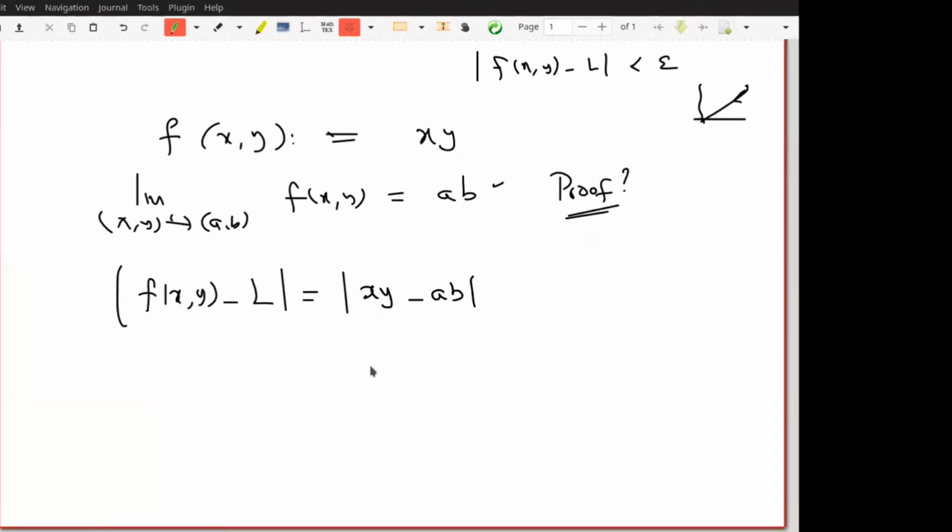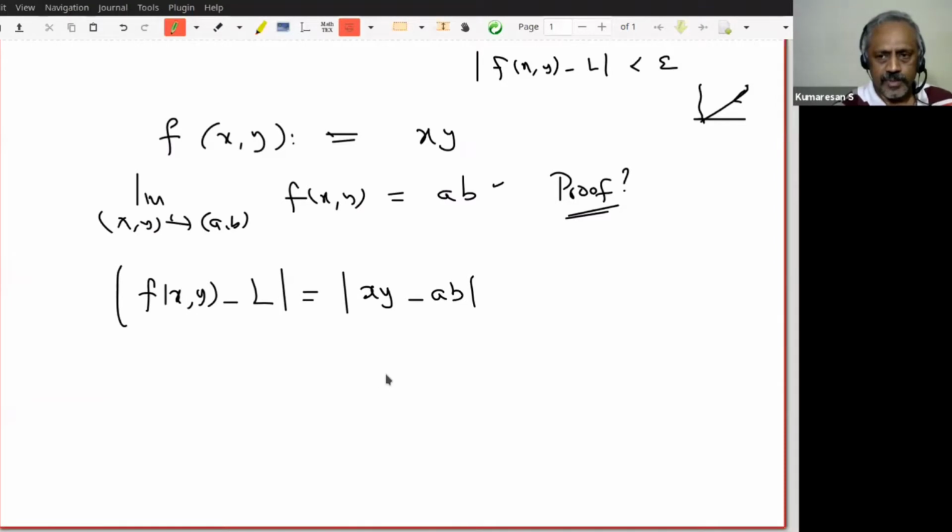Do you remember what I mean by estimating some expression? Try to simplify it and make use of the hypothesis. What is the hypothesis? If (x, y) approaches (a, b), then mod x minus a is less than or equal to the distance between (x, y) and (a, b).